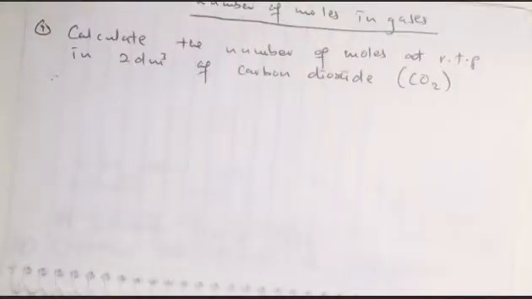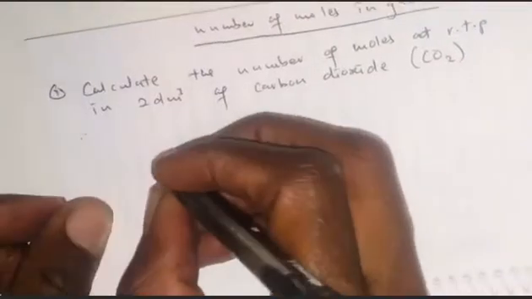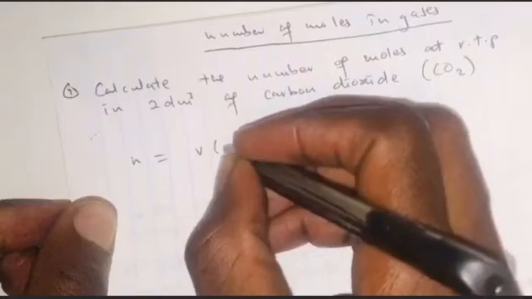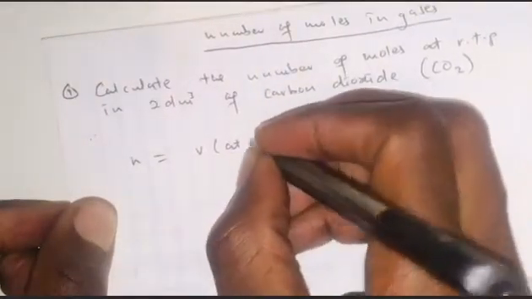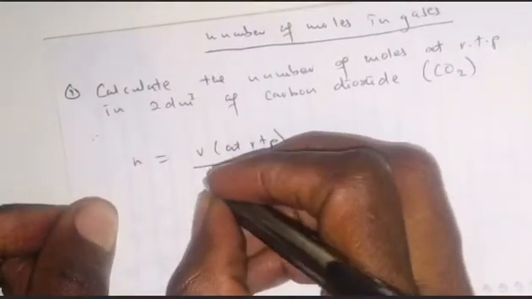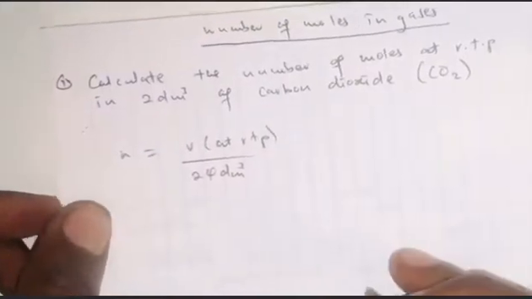Number 4. Calculate the number of moles at RTP, or rather at room temperature and pressure, in 2 dm cubed of carbon dioxide. The number of moles of a gas is equal to the volume of the gas at RTP, room temperature and pressure, over 24 dm cubed.